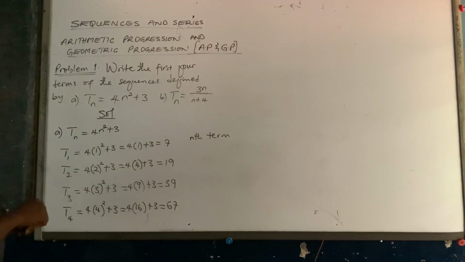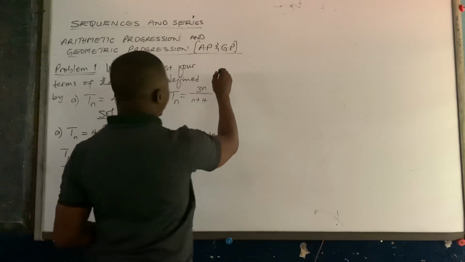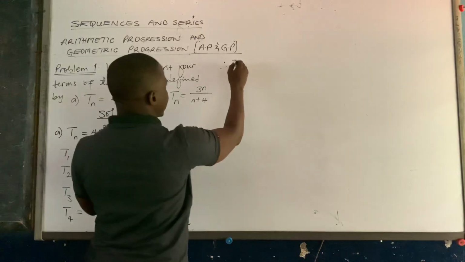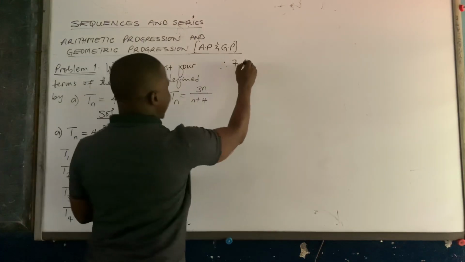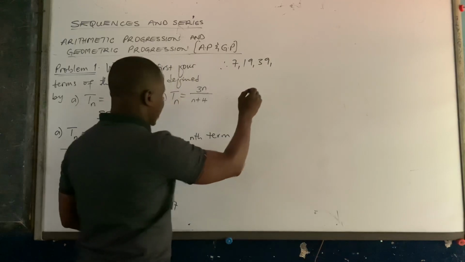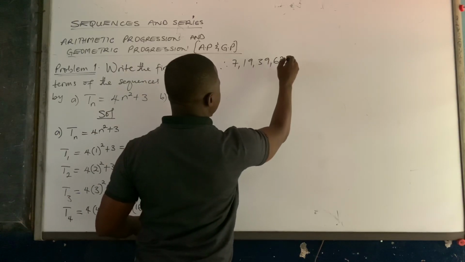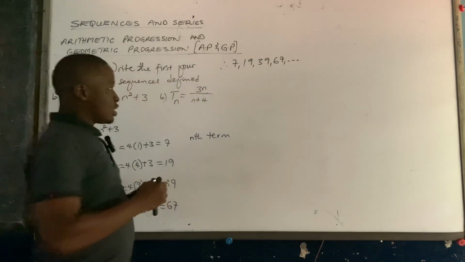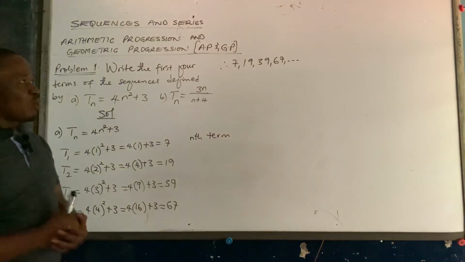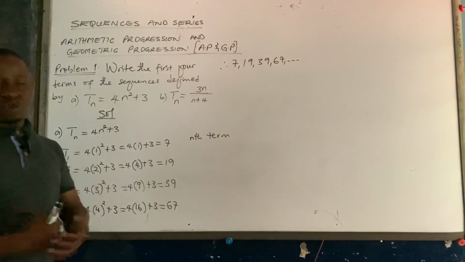So the question requires us to write the first 4 terms. Therefore, the first 4 terms are 7, 19, 39, then 67. The question is telling us that there is a particular sequence, but the sequence is not given to us.